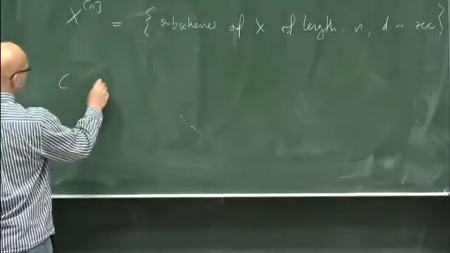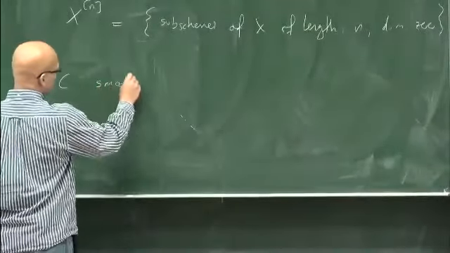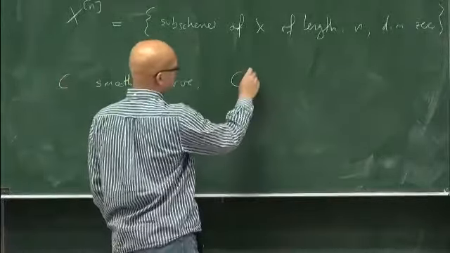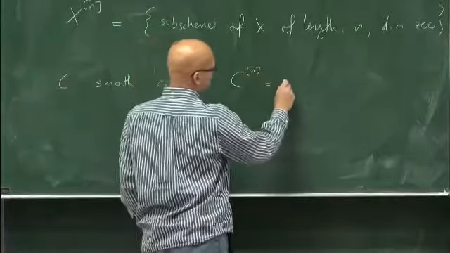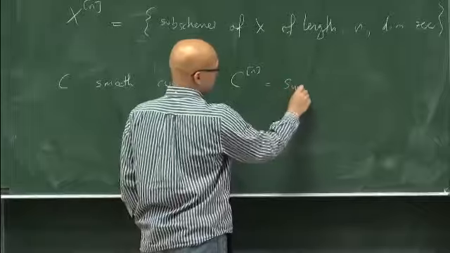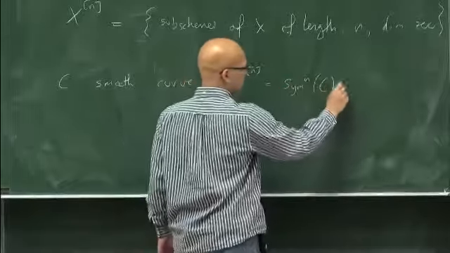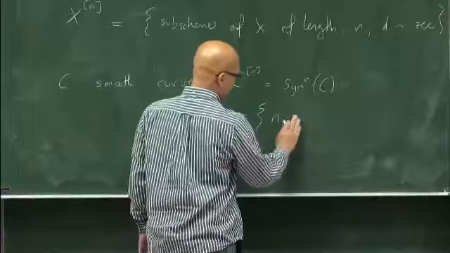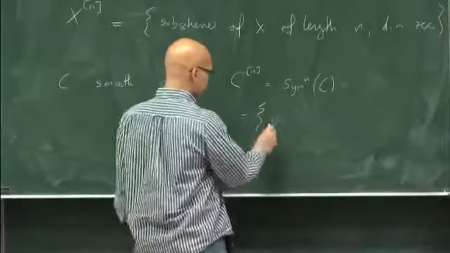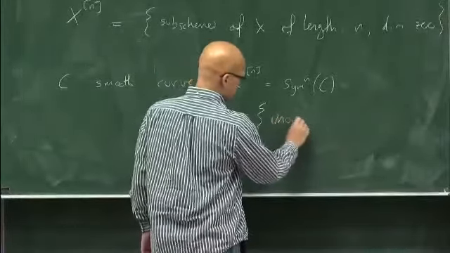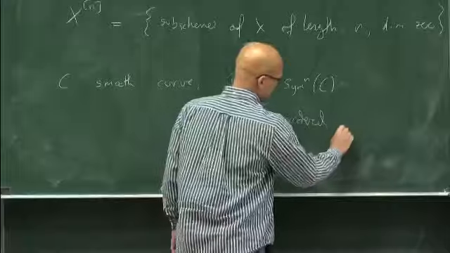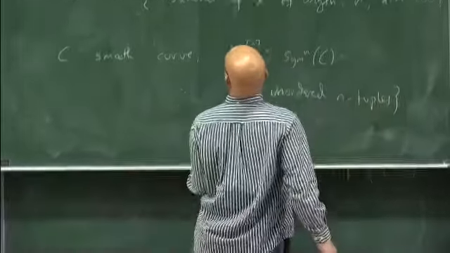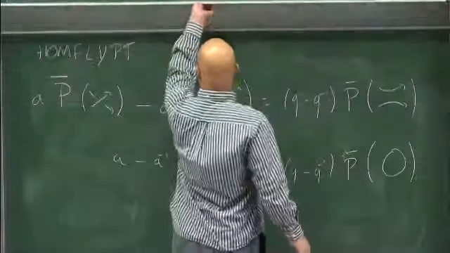And for C a smooth curve, this is just the symmetric product, unordered n-tuples of points. Okay, and for singular curves, it's something more complicated.